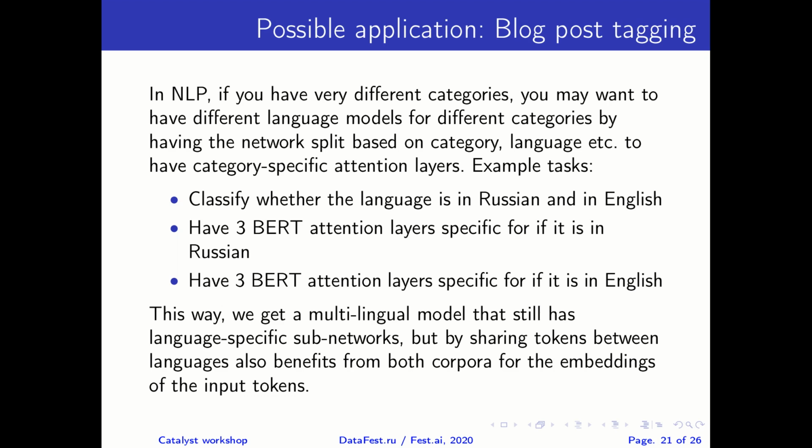And this way we get a multilingual model that still has language-specific subnetworks, but by sharing tokens between languages, it also benefits from both corpora for the embeddings of the input tokens.